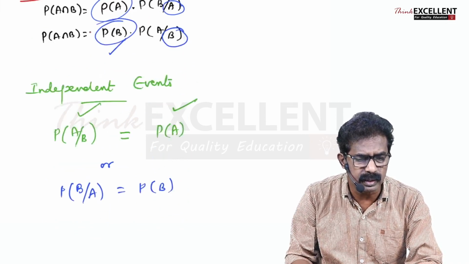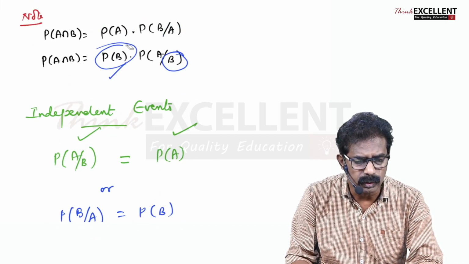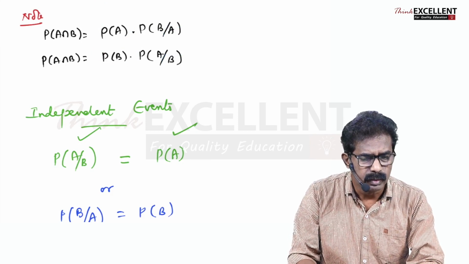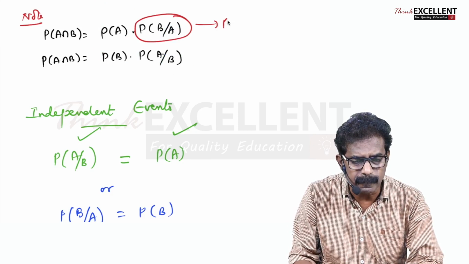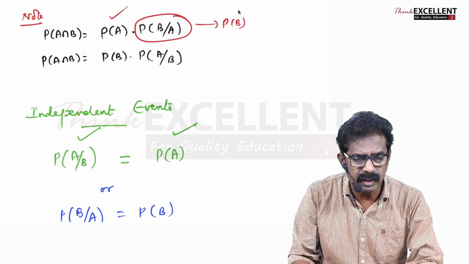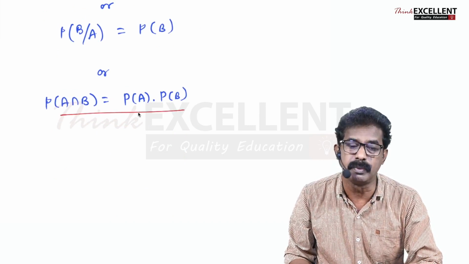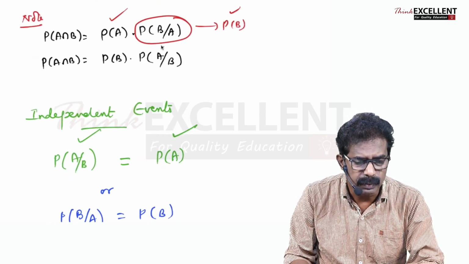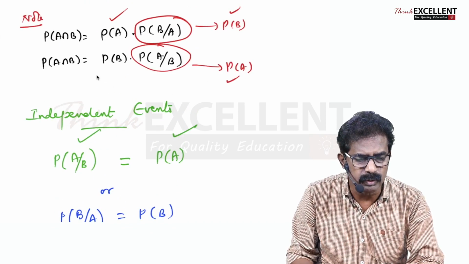When the two events are independent, P of B given A is same as P of B. Already we have P of A. So P of A intersection B is equal to P of A into P of B. Or in the second one, P of A given B becomes P of A. So P of A into P of B.